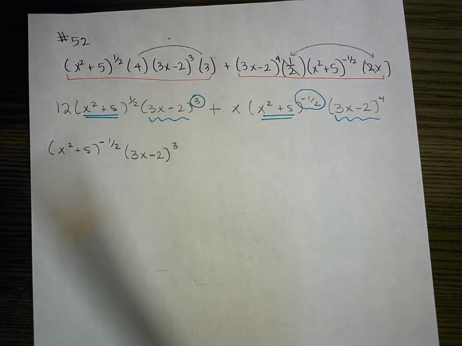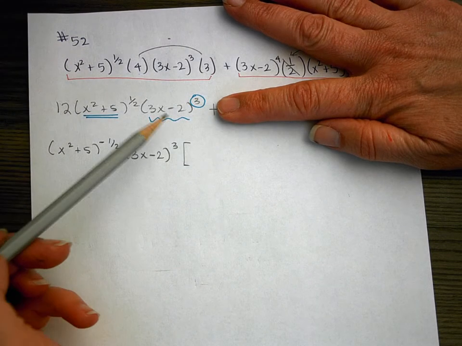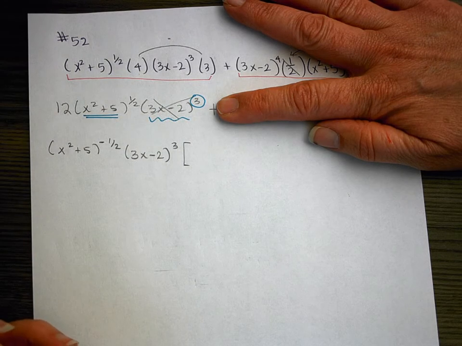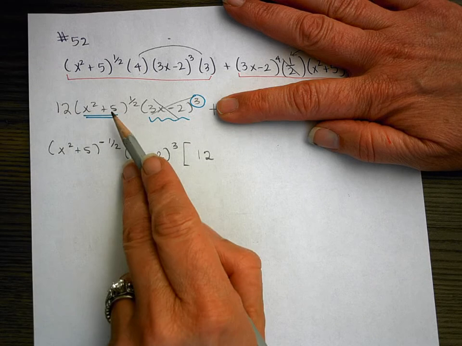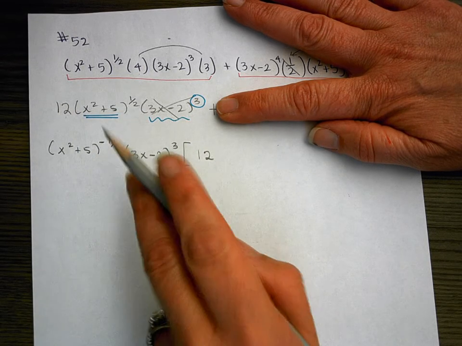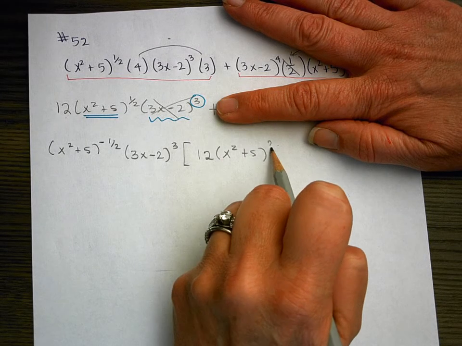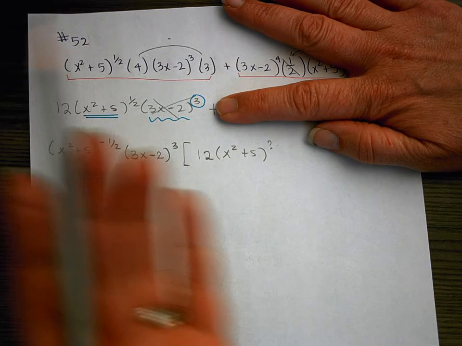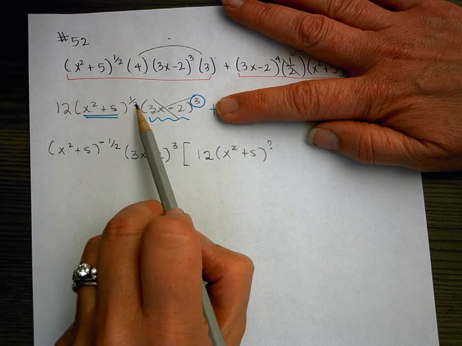So this is what I'm going to factor out. Let's take a look at this first group right here. I'm taking this factor out completely, dividing it out to the front. So the 12 is still going to be here in that first group. And this one's not coming out completely, because I have a 1/2 power versus a negative 1/2. So I'm still going to have x squared plus 5 to some power here, and I need to figure out what that power is. When I'm factoring out, I'm dividing out, and when I'm dividing, I'm subtracting powers.